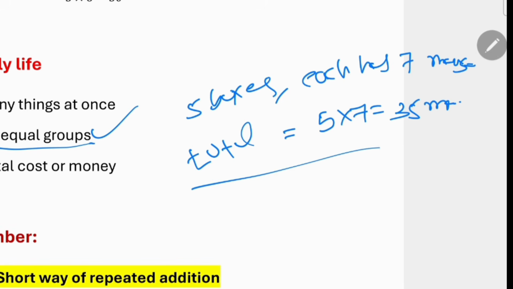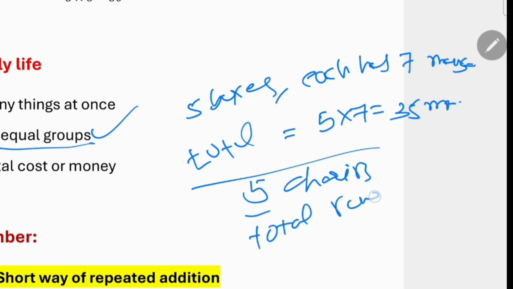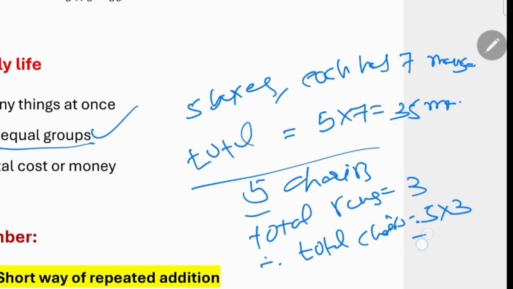Another example, chairs in a row. Each row has 5 chairs. Then total rows is equal to 3. Therefore, the total number of chairs is equal to 5 into 3 is equal to 15 chairs.